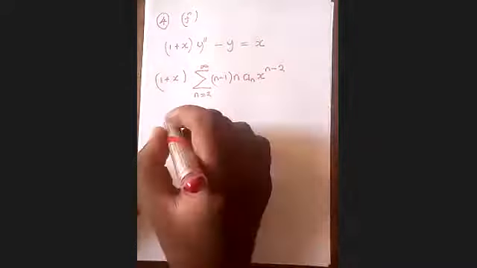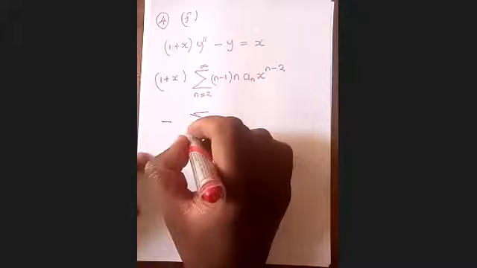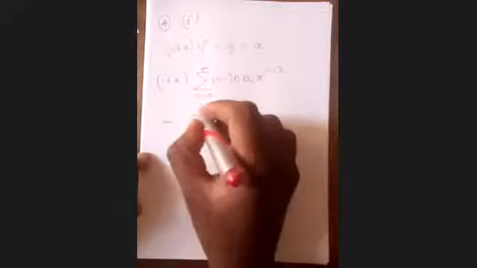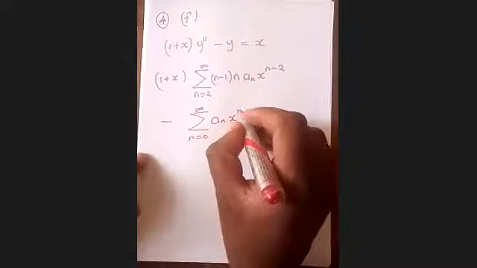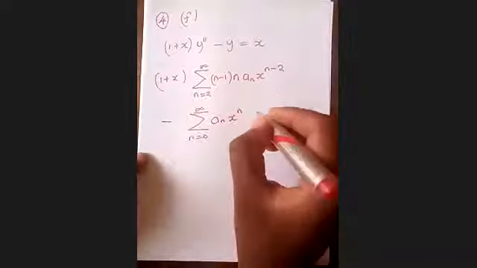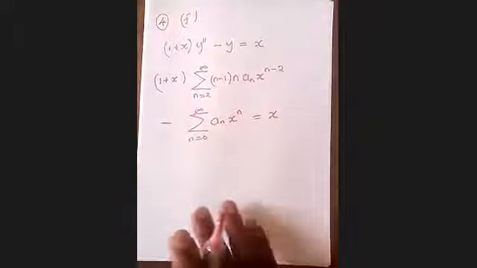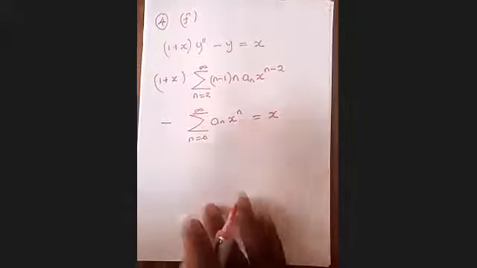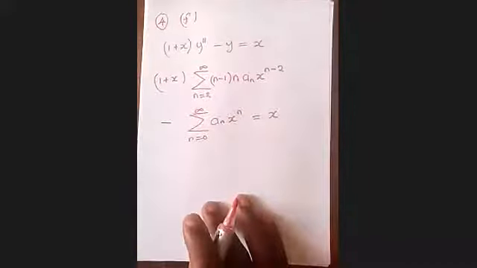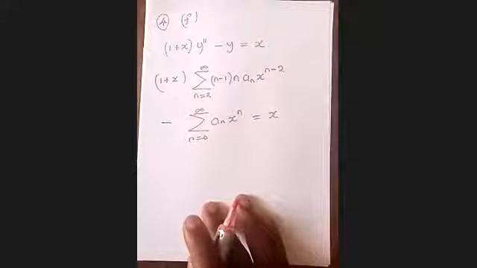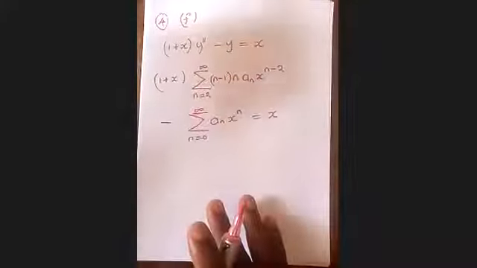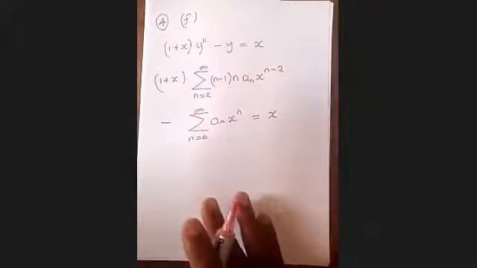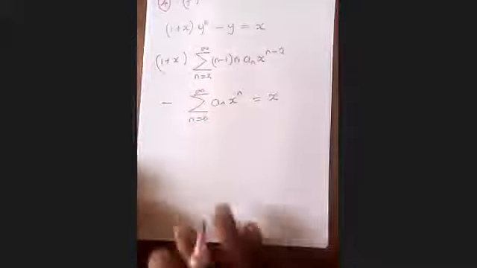And this is minus the y, which is the summation n from 0 to infinity of a n x to the n, and then is equal to x. So notice that the difference with all the equations we've done is the right-hand side. In proper language, this is a non-homogeneous second-order differential equation, because the right-hand side is not 0, it is x.